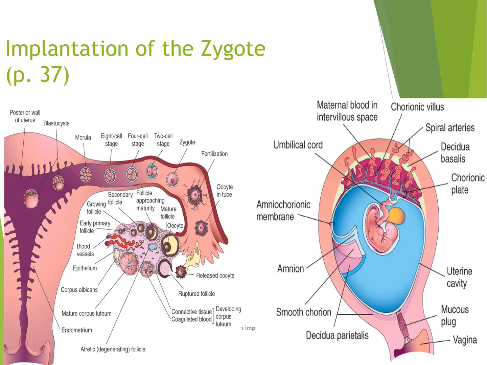Then on the right, this one is in your book too, on page 37. It just shows, okay, so now we have this little zygote in there. Could be an embryo by now. It doesn't say what age it is. But anyways, it just shows where the placenta is, the umbilical cord going to that little embryo, the amnion, the chorion, which we're going to talk about, all the things that matter in a pregnancy.